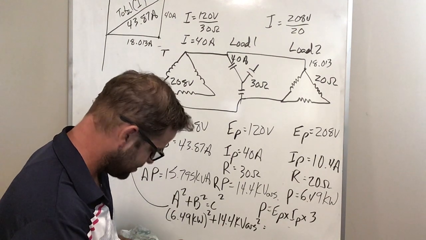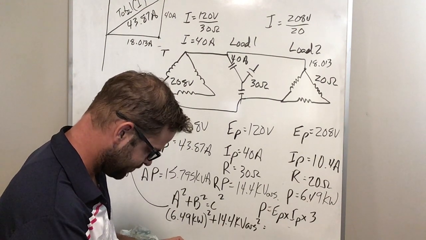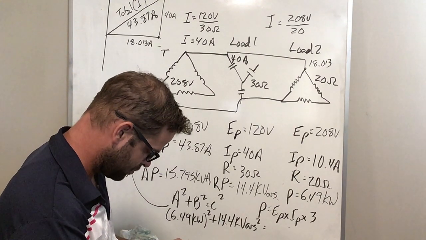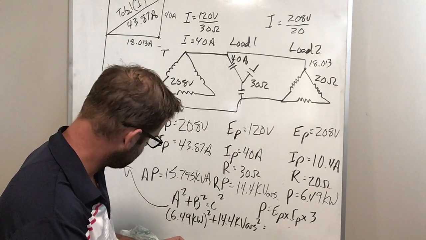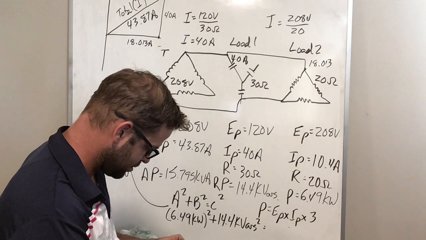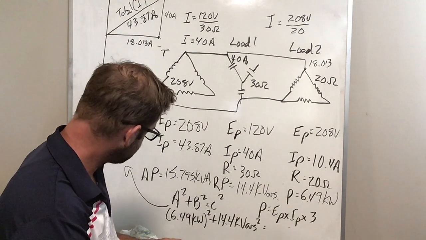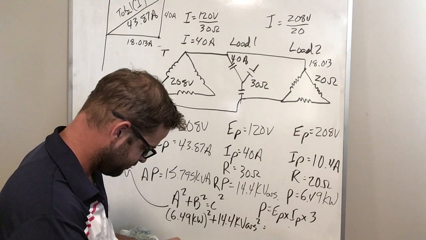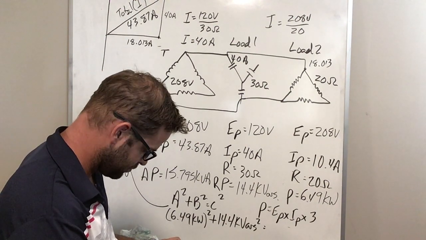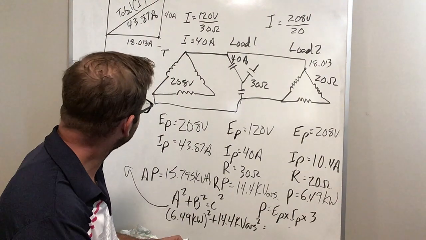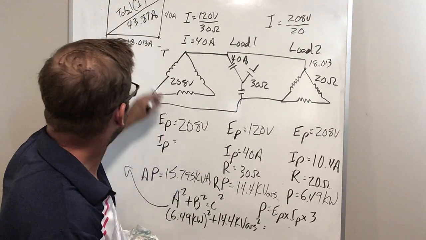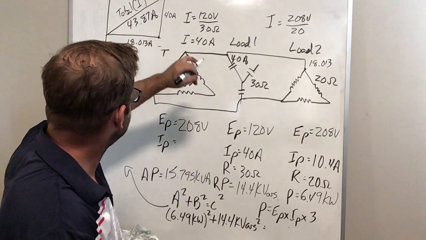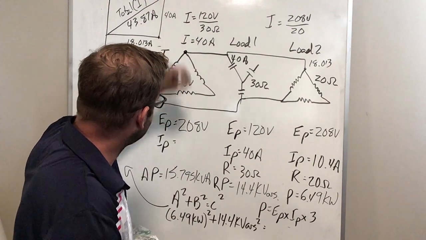So 15,795 divided by 208 divided by, and then I just did it again. That 43.87 amps is our line current.